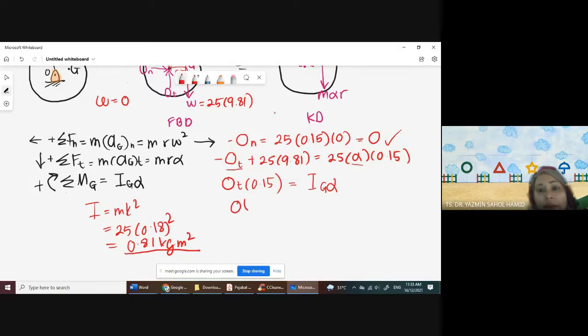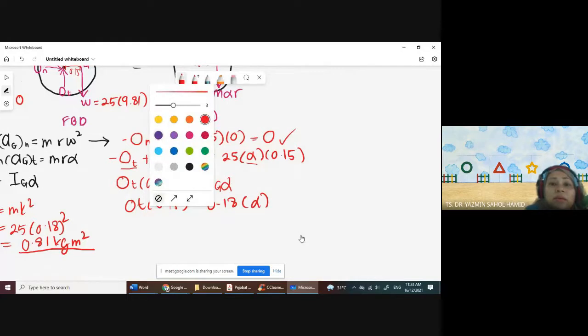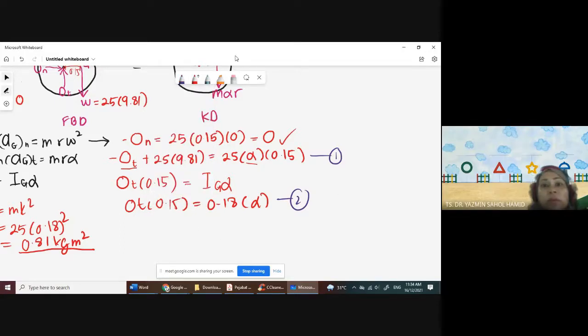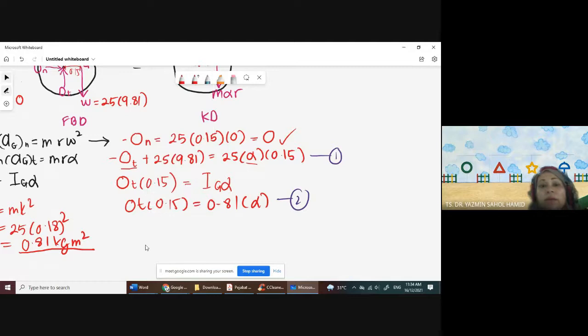So OT kali dengan 0.15 equals to I, 0.81 alpha. Betul lah, silap. Thank you.